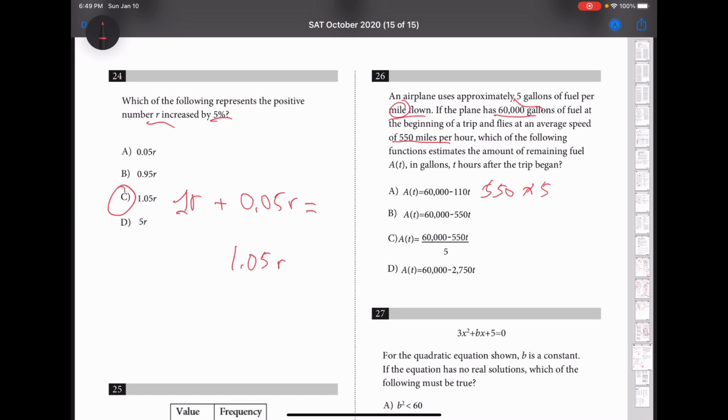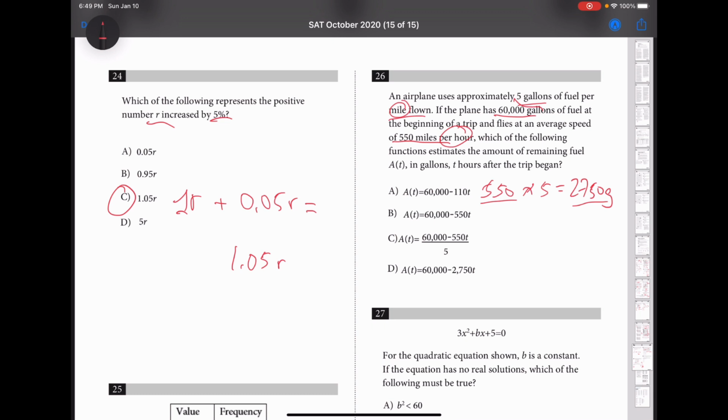So 550 times 5 equals 2,750 gallons of fuel used every hour by the plane, because when it flies 550 miles, it uses 5 gallons for every mile.